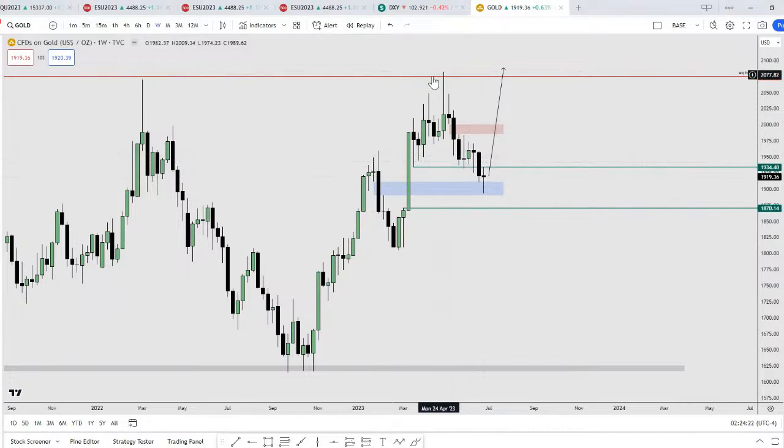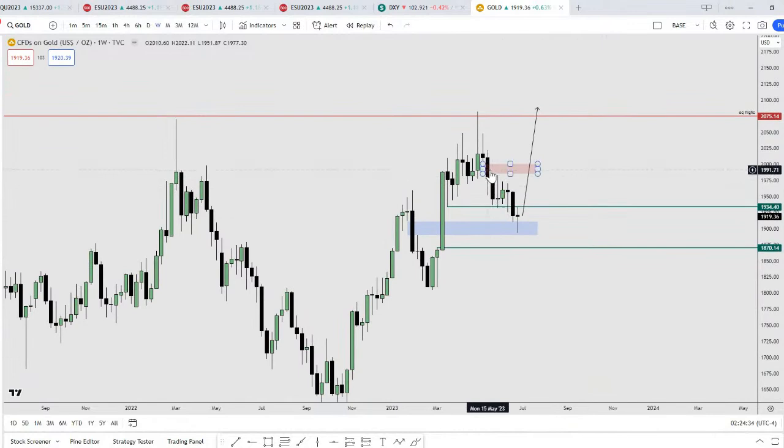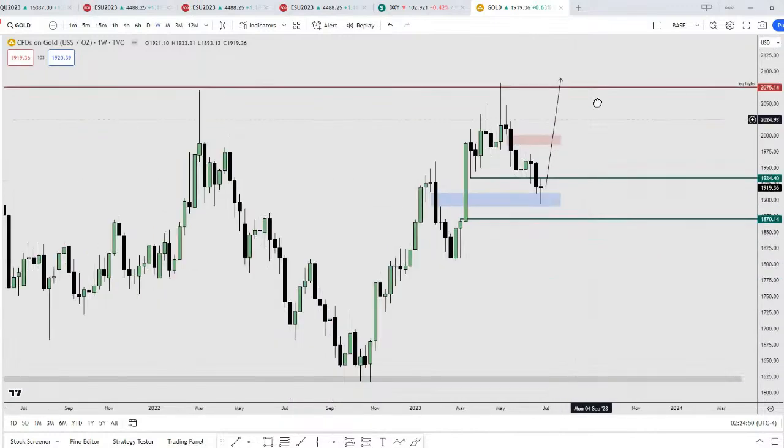Okay, because we only have like a small little wick above the buy stops, I anticipate another run on the buy stop. Okay, and if that's the case, I want price for confirmation, right? I want price to close above this bearish fair value gap, make it an inversion to send the price higher. Okay, that is what I want to see in gold, right?